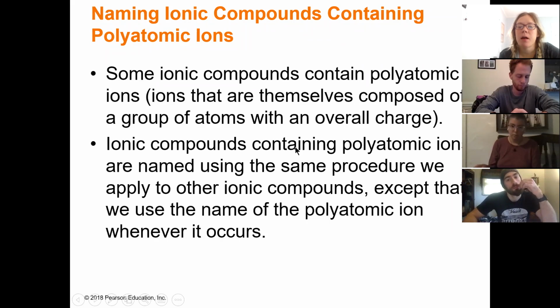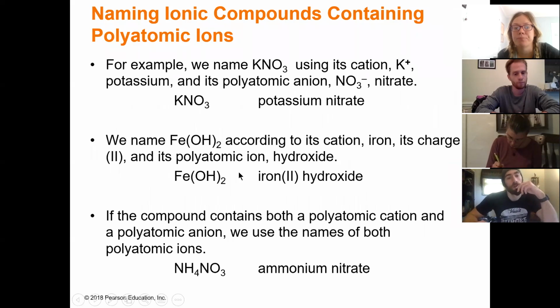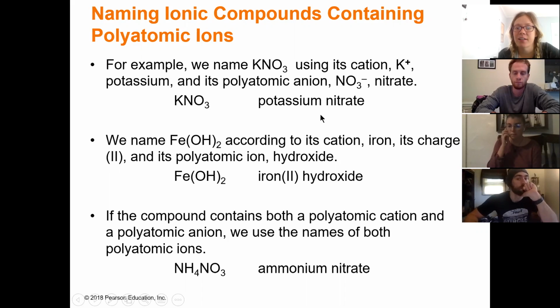Ionic compounds containing polyatomic ions will follow the same procedure, except that when you have a polyatomic ion, you just say the polyatomic ion's name. You don't shorten it, you don't truncate it, you don't change it. So this thing here would be potassium nitrate. I don't IDE the end of it or anything like that, just potassium nitrate. This thing here would be iron 2 hydroxide. Hydroxide is the polyatomic ion name for that.